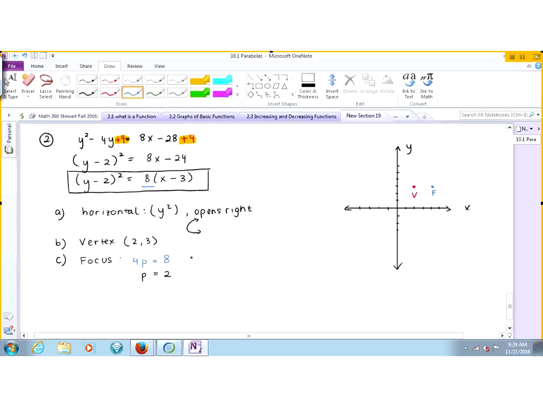So do we know the focus? Yes. So 2 units to the right is 4 comma 3. Good. Now the next one is directrix. Yes. So this is the directrix. 2 units to the left. So x equals 0.